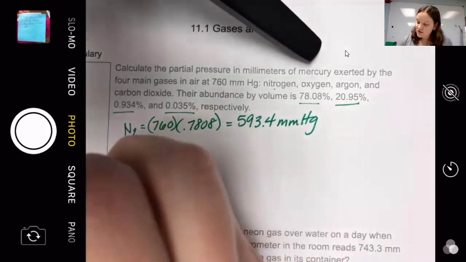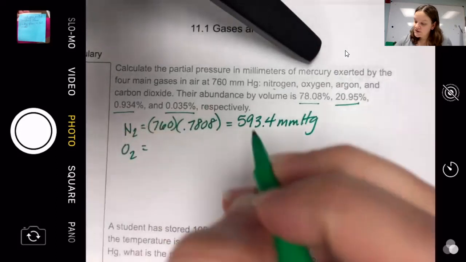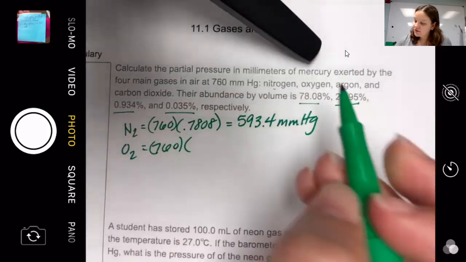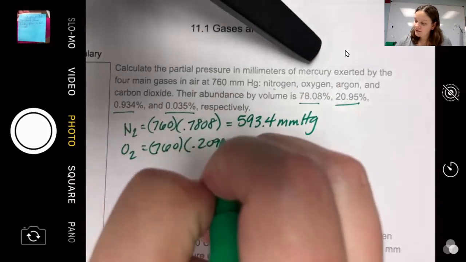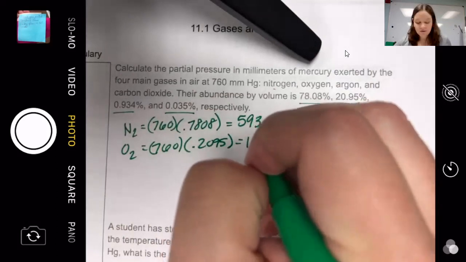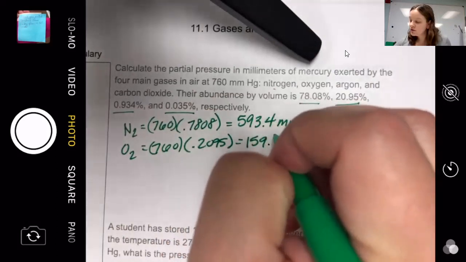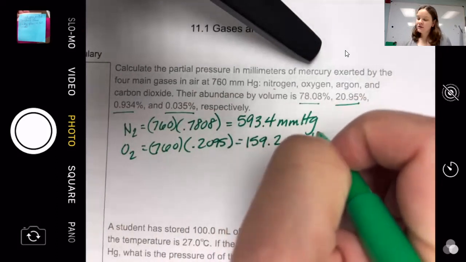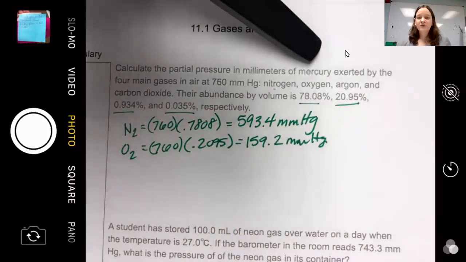So oxygen would be 760 multiplied by 0.2095. 159.2. I don't know why, but it's really hard for me to write millimeters of mercury.